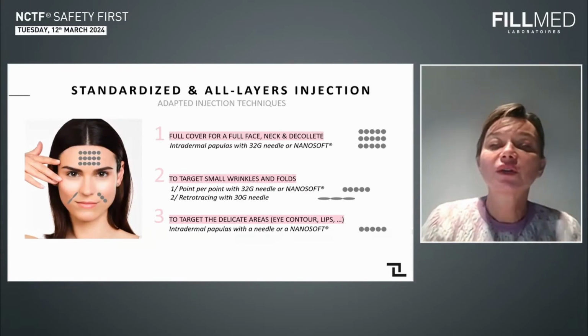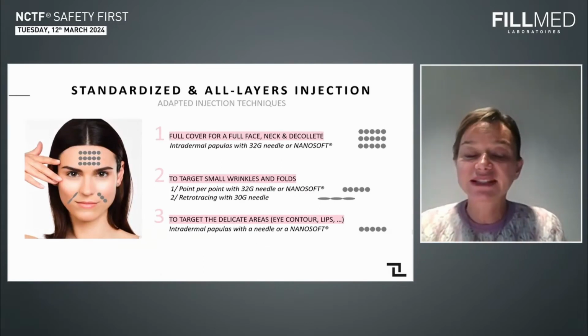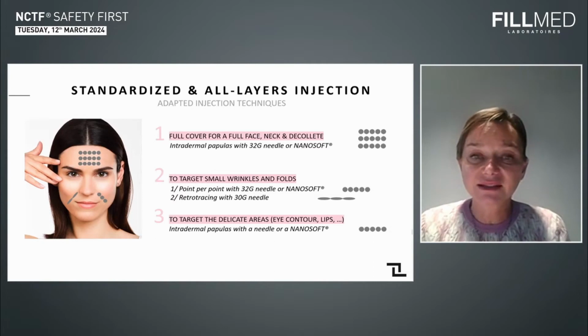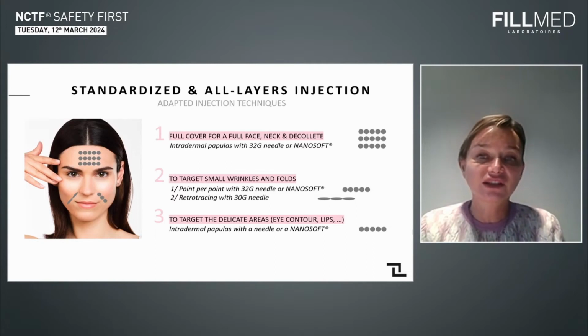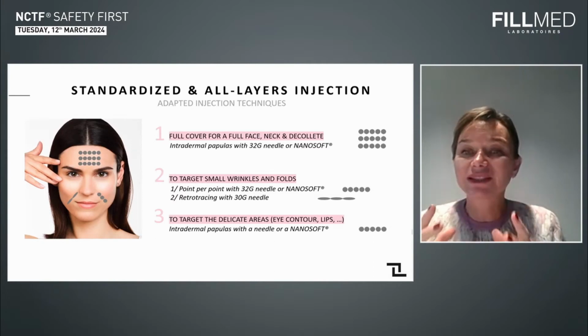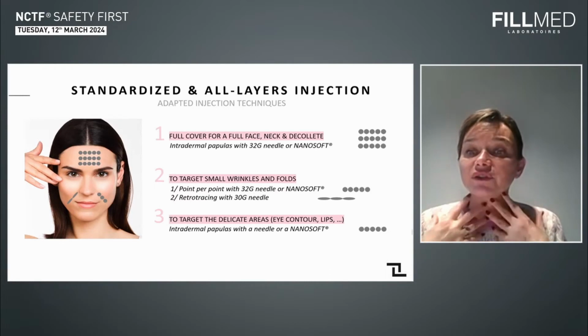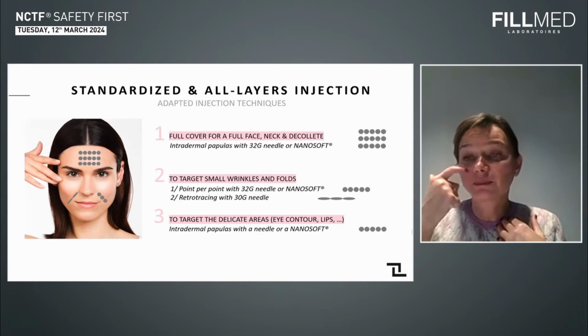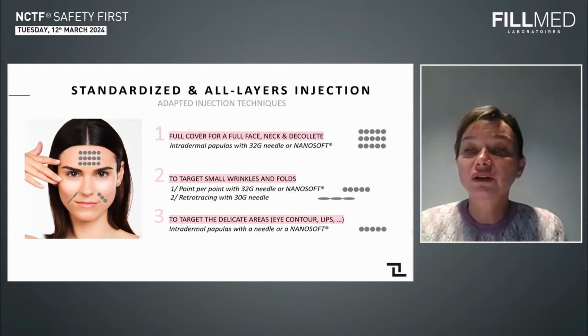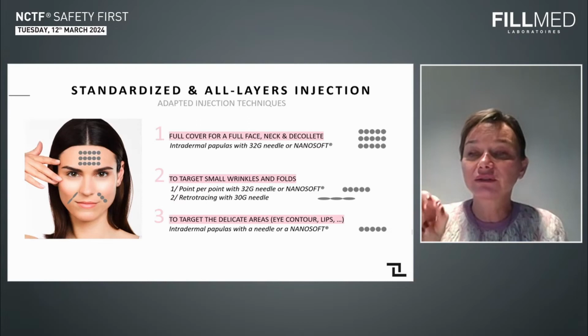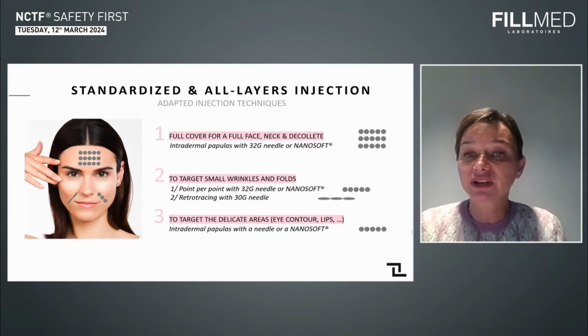So you can also, as Michael presented very well, thanks again for your fantastic presentation, treat a full face with specific injection techniques for the neck and décolletage and the ocular area, with a 32 gauge, or the nanosoft, which is the equivalent of a 36 gauge, with 3 nanoneedles of 0.6 millimeter each.